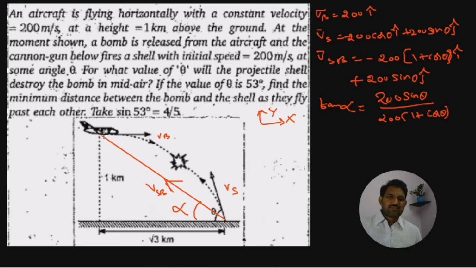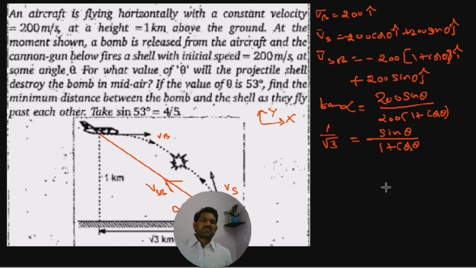In the figure, this side is 1 kilometer and this is root 3 kilometers, so tan alpha is 1 by root 3. Therefore 1 by root 3 equals sin theta by 1 plus cos theta. By simplifying this equation you can find the theta value.